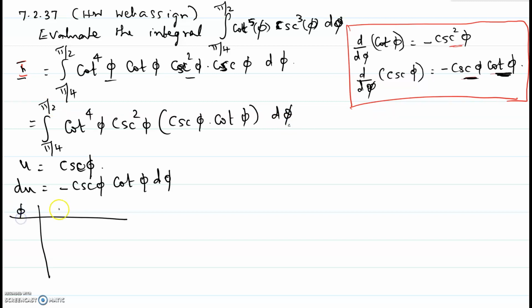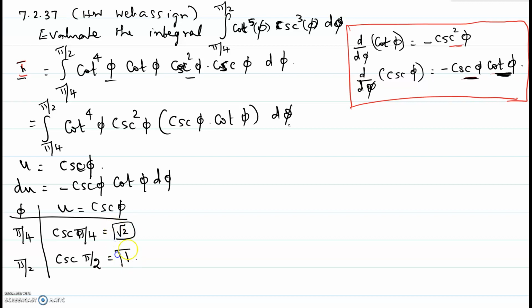So the old limits are for phi and the new limits are for u equal to cosecant phi. The lower limit initially is pi by 4. So the new limit is cosecant pi by 4, which is going to be root 2. The old upper limit for phi is pi by 2. The upper limit for u now is cosecant pi by 2, which is 1. So the new limits are root 2 and 1.